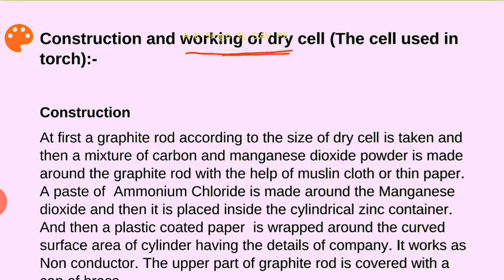Now, there are two types of electrochemical cell. One is the dry cell, the other is the wet cell.